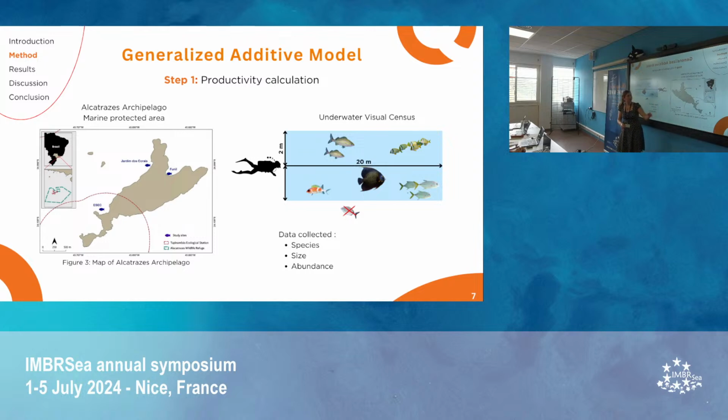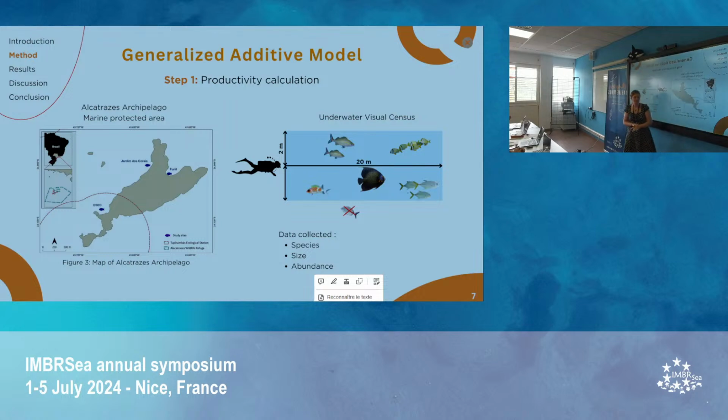Yeah, Funil is more protected. Jardin de Corais, as the name says, is the area where we found the most corals, and ESSEC, due to its position, is more exposed.